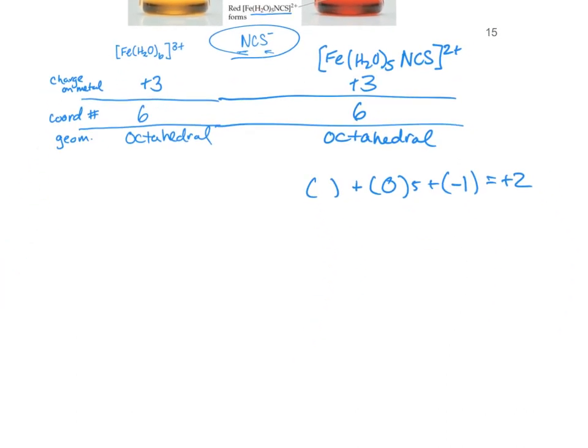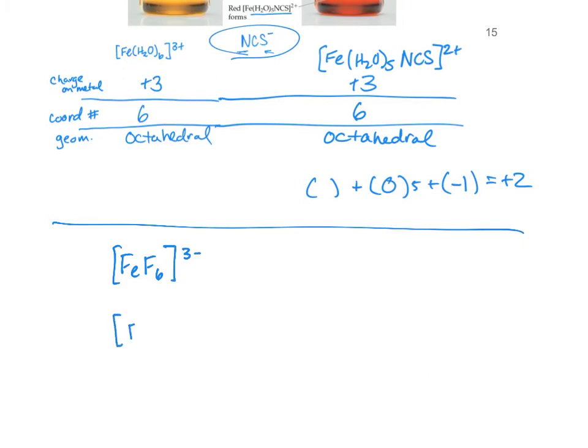All right, so we've seen a lot of octahedral complexes, with coordination number 6, but that's not always the case. We can have an iron complex that is octahedral, has 6 fluorides bonded to it, and this will have an overall charge of -3. But the size of the ligand that is bonding does play a role in the number of ligands that can bind to it.